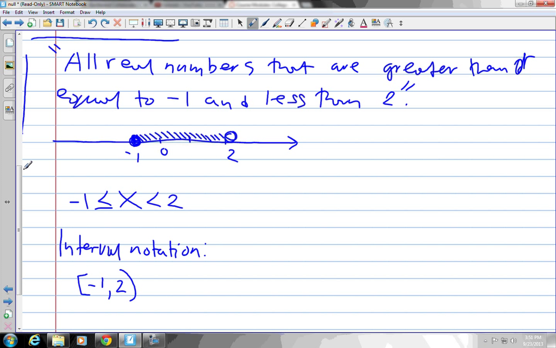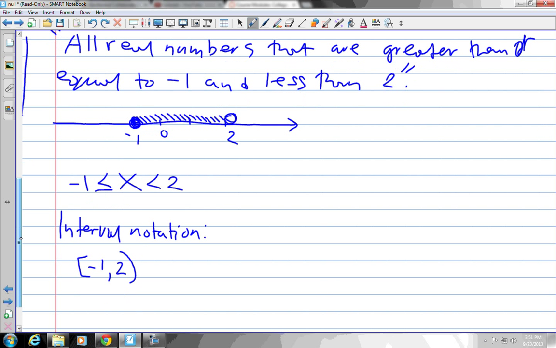Okay, so parenthesis means do not include, brackets mean do include. Always parenthesis around infinity because we cannot include that. Okay? Well, I've seen brackets around infinity, so we need to make sure we understand that. Because otherwise, that means you just stop somewhere and we cannot.